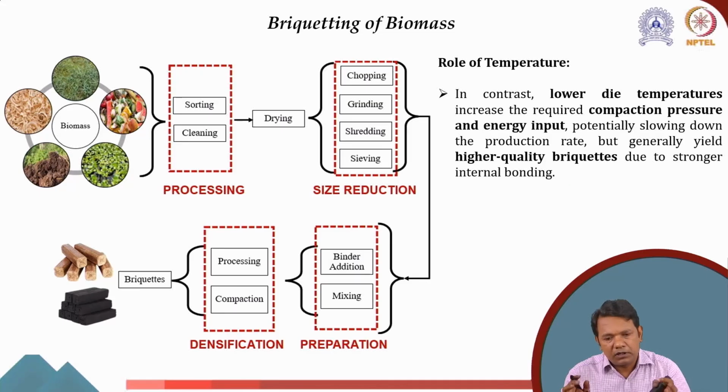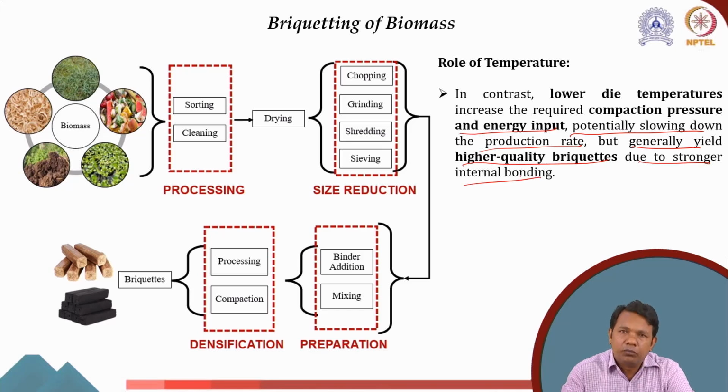And when compaction pressure is increased, more energy input will be required, and that will potentially slow down the production rate. But in this case, we will have higher quality briquettes due to a stronger internal bond.